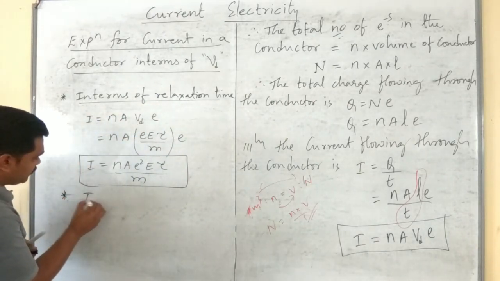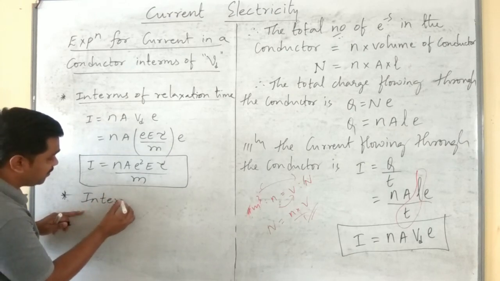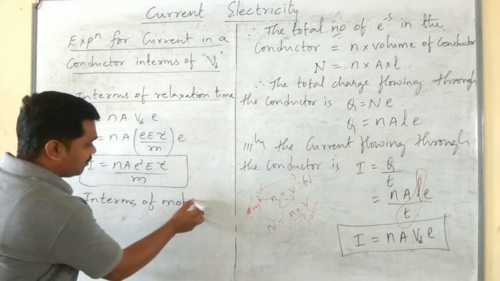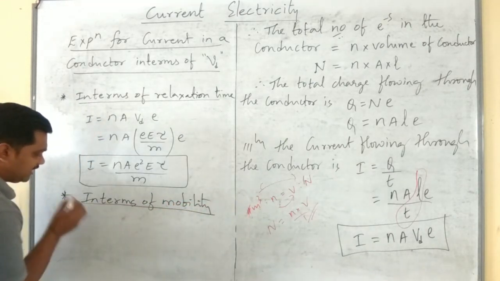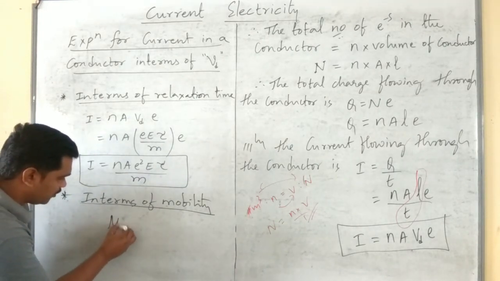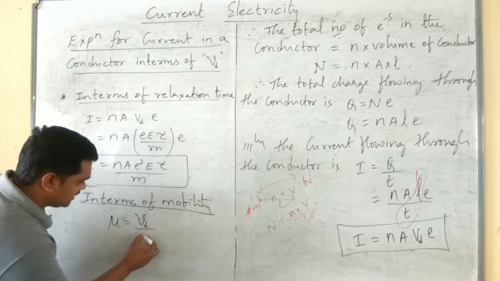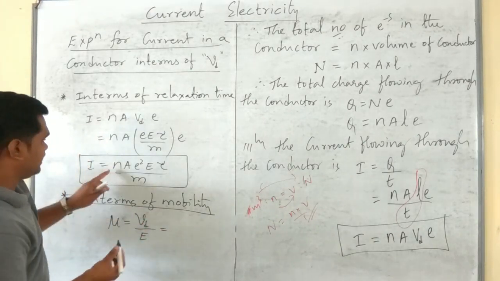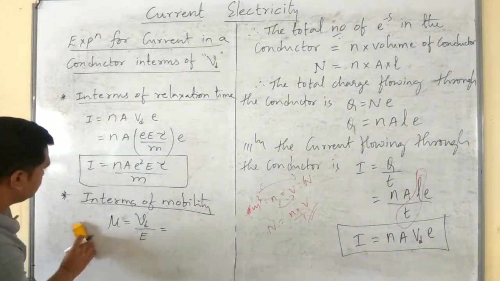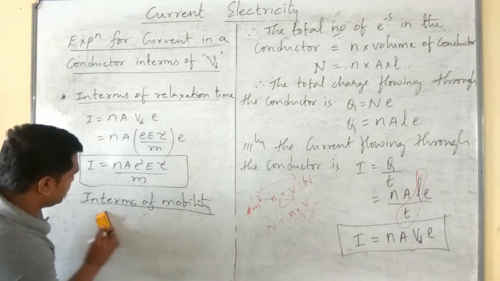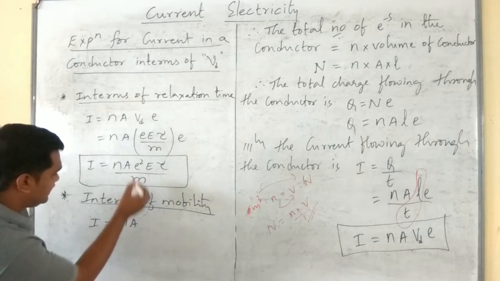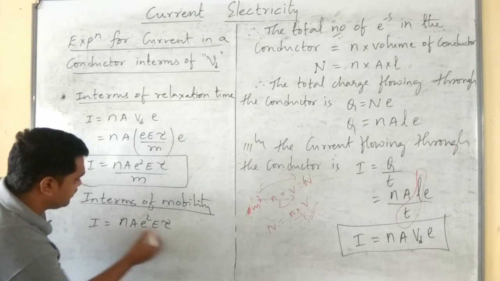Similarly, if you want to find out the expression for current in terms of mobility, what is mobility? Mobility can be defined as the drift velocity per unit electric field. Here, if I substitute the value of v_d, I is equal to n A e square E tau divided by m.